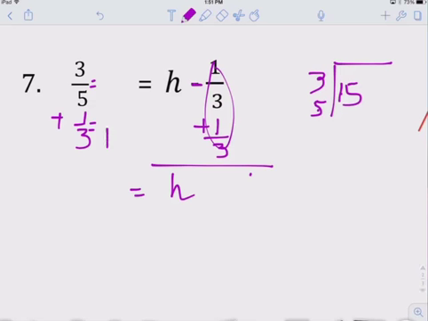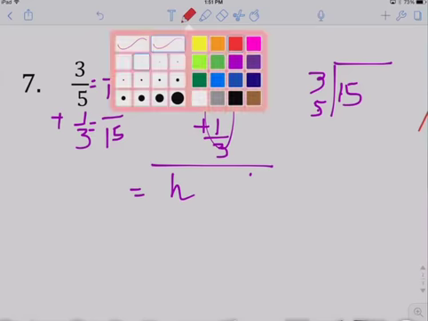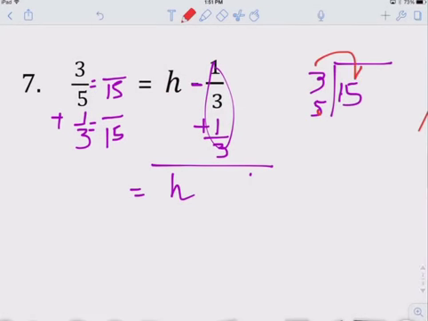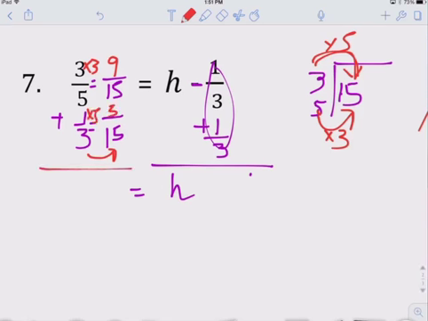Okay, least common denominator is 15. 5 into 15 is 3 times. 3 into 15 is 5 times. Add them together because they're both positive. Got 14 over 15.